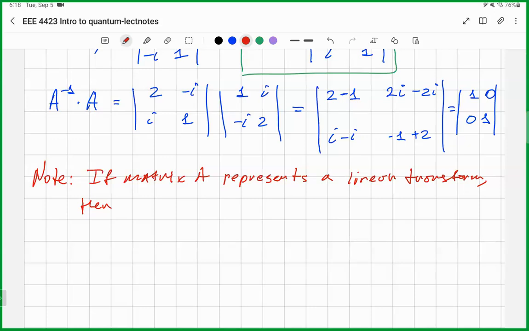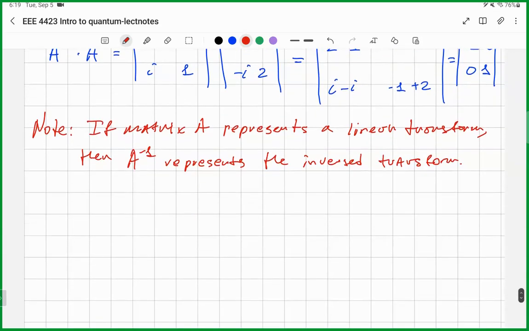If a matrix A represents a linear transformation, then the inverse matrix represents the inverse transformation.